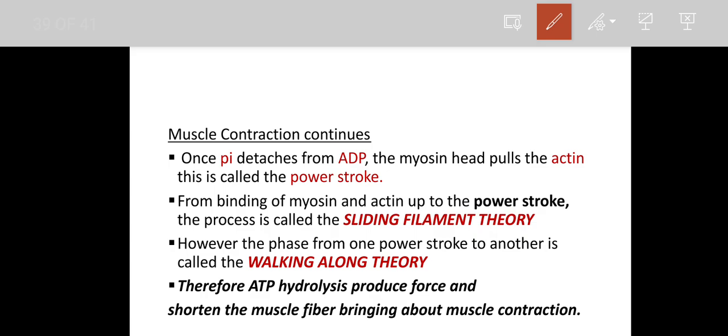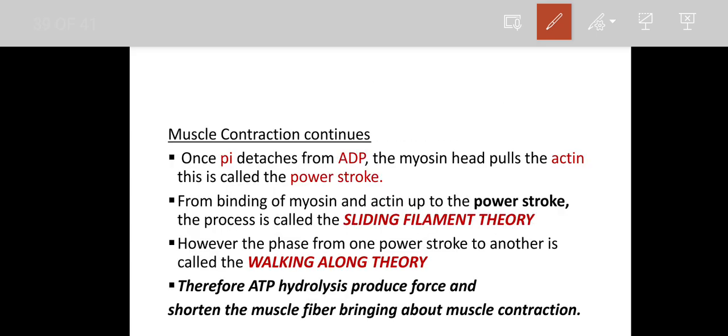Like this detachment causes a move. Myosin moving to the left or right. What we want is towards the M line. We want the myosin on the right to move towards the left, and the myosin on the left to move toward the right. Moving the sarcomere towards the M line. From the binding of myosin and actin up to the power stroke, the process is called the sliding filament.